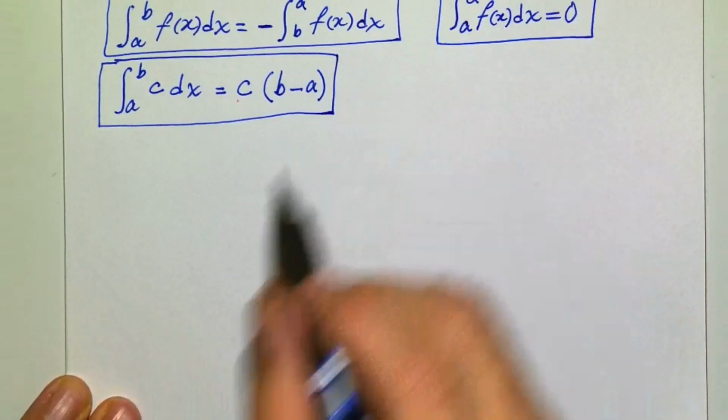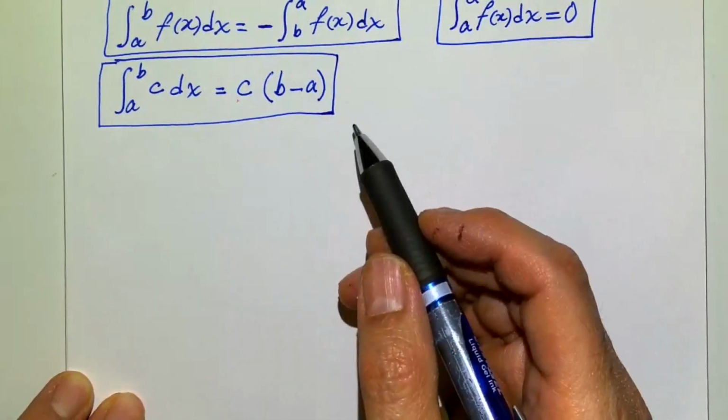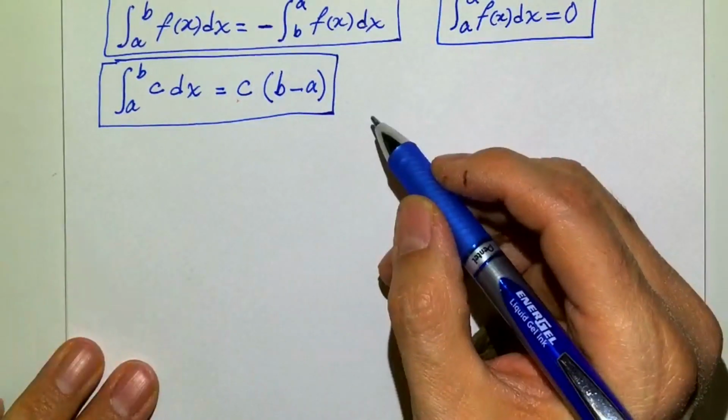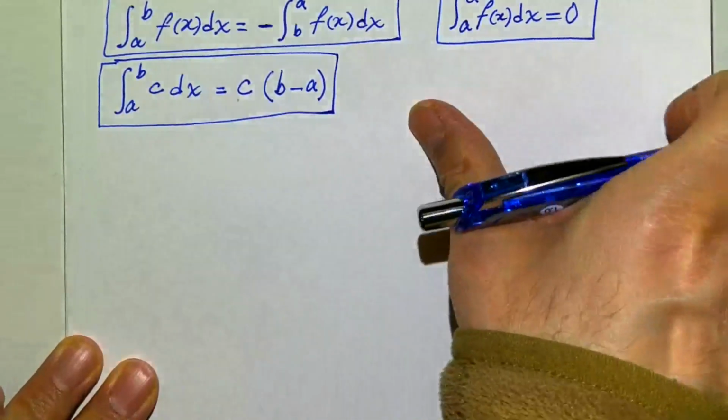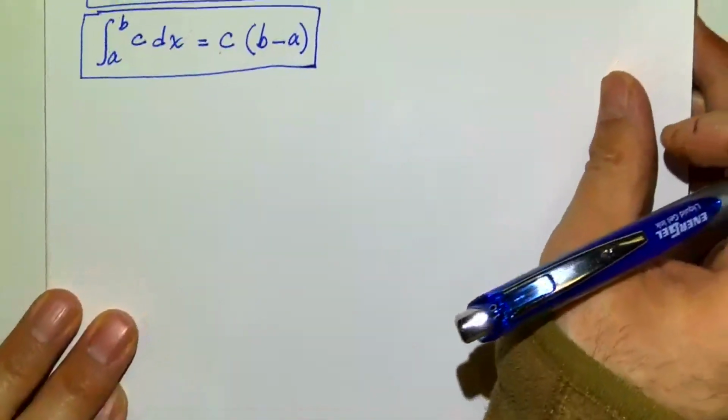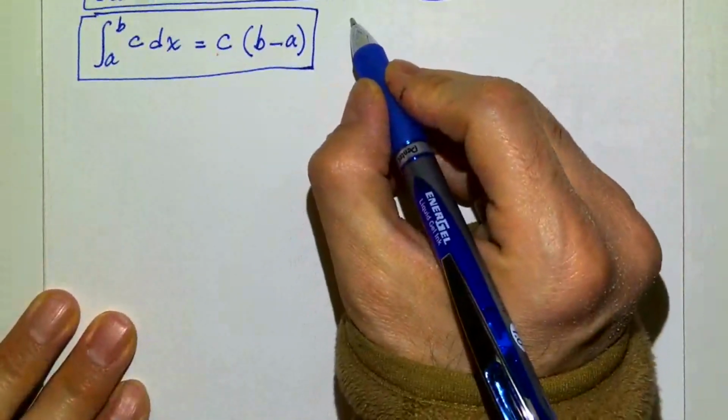Okay, then the next property is if we have the summation in this form. I guess I should write it here. Or maybe I can fit it here. Let me just try.